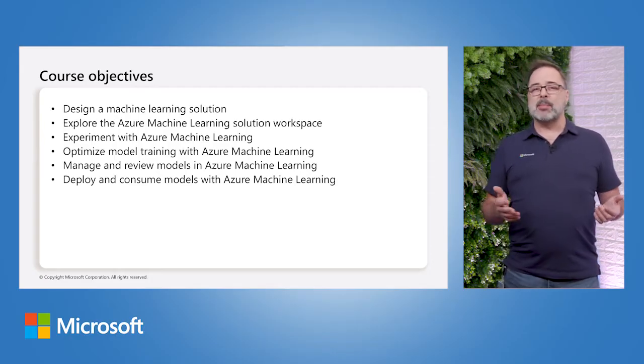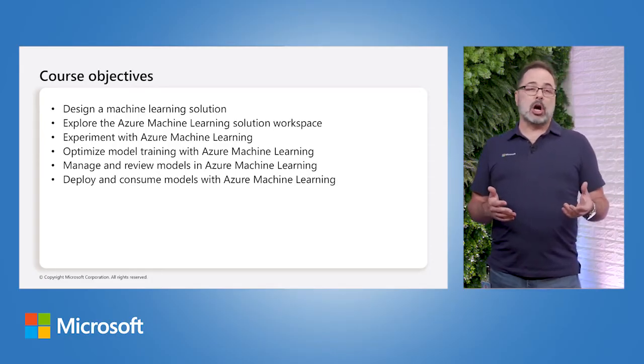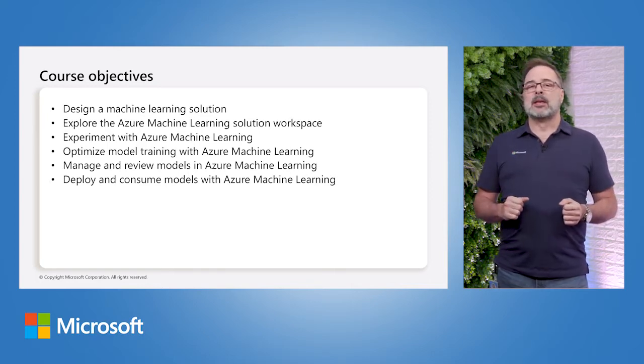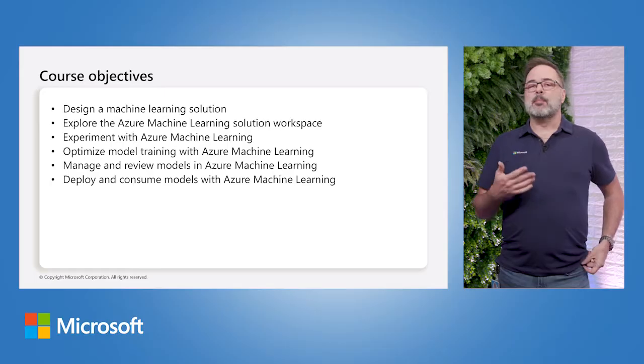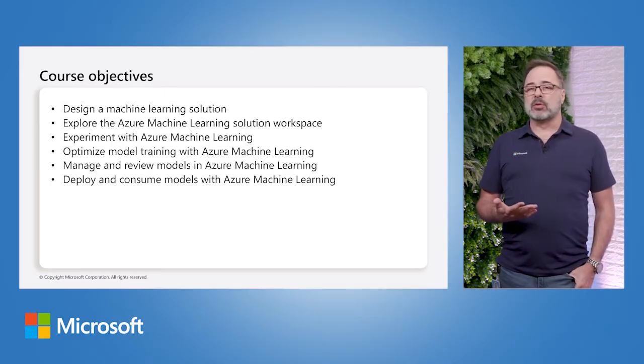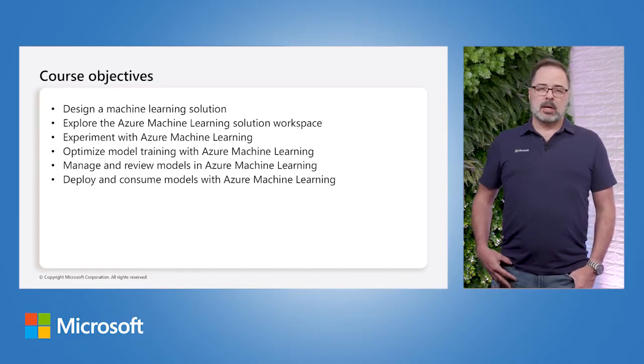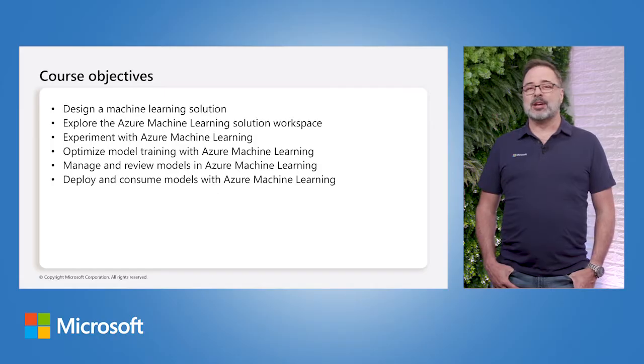After that, we'll spend some time on how to optimize our model training using jobs, hyperparameter tuning, and running pipelines. We'll then review how to manage and review models within the service, including how to use the responsible AI dashboard. Lastly, we'll finish the course up with how to deploy and consume the models in a production environment.